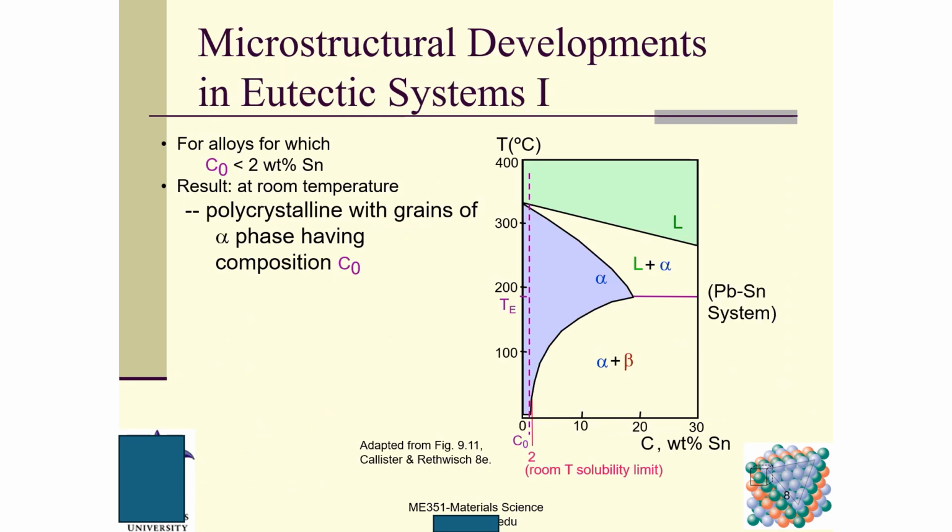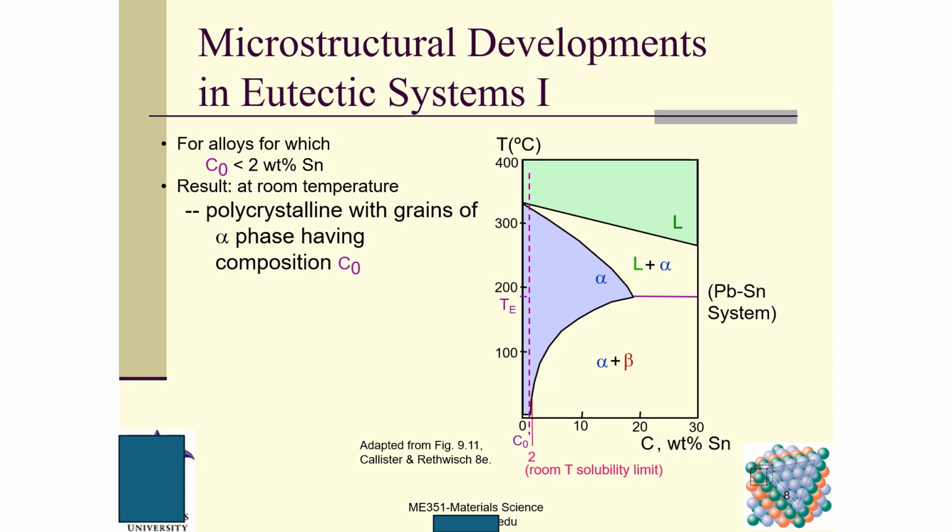And then we talk about microstructure development in the eutectic system. For alloys whose composition is less than 2 weight percent tin, the result at room temperature, if you go all the way down from about 400 to room temperature, what will you have?